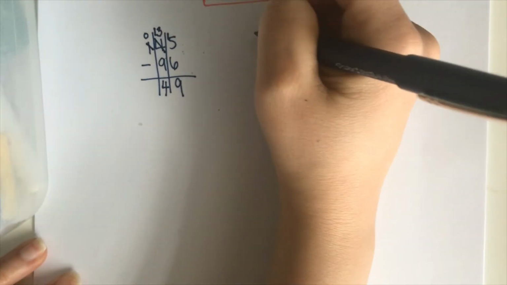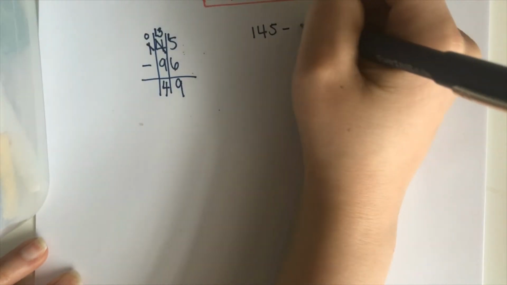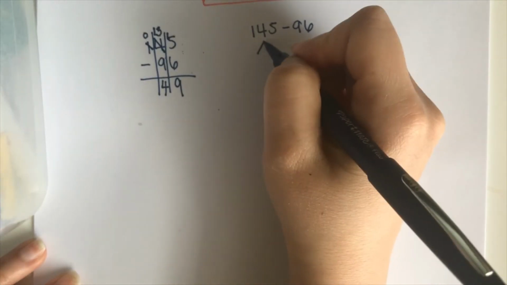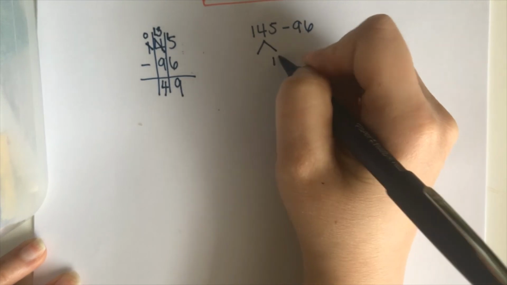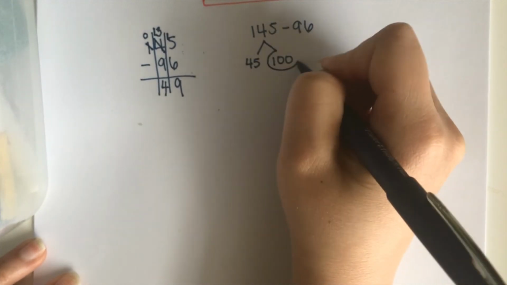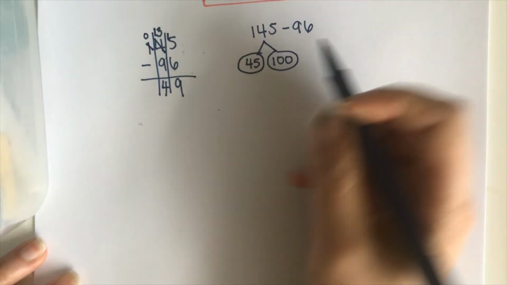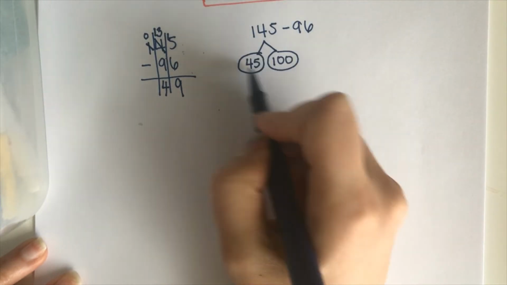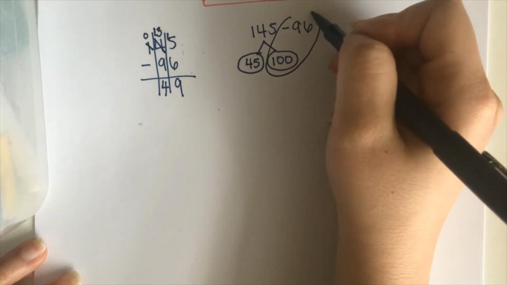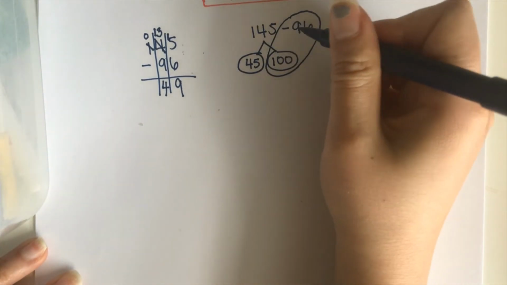The other way I wanted to show you was we've done this before, where we take out 100. So I'm actually going to split this up into 100 and 45. Now why I did this was, if I add them, this is a number bond, you get 145. But I'm actually going to subtract this one. So what is 100 minus 96?